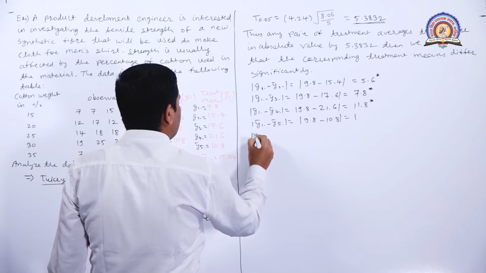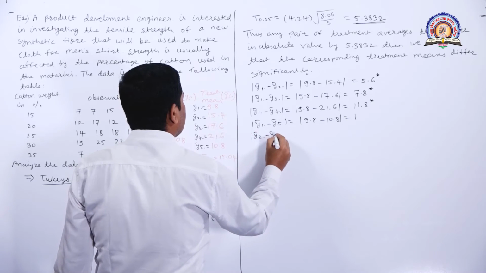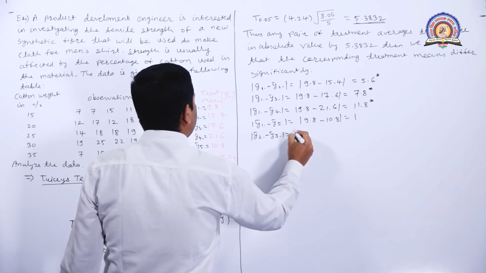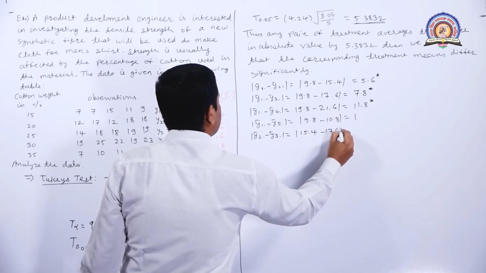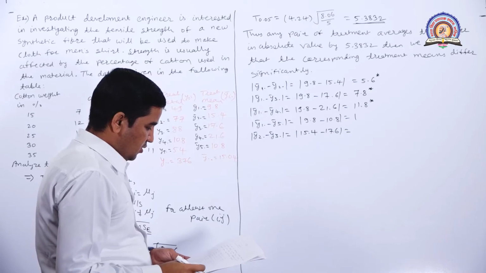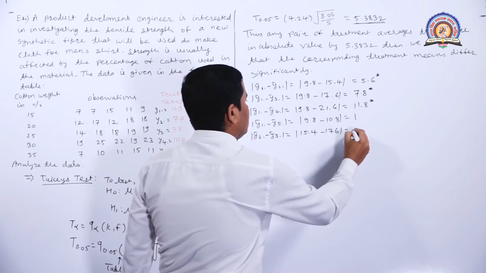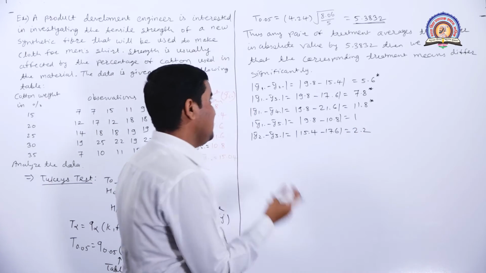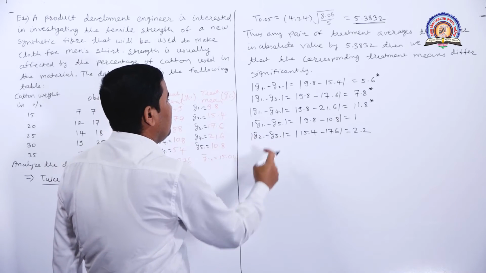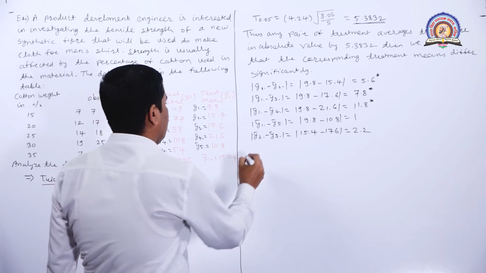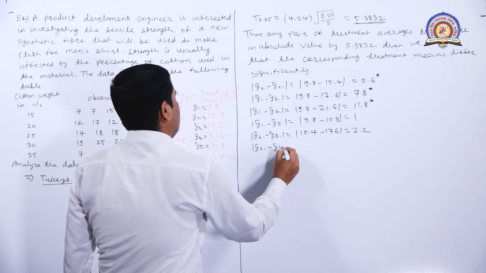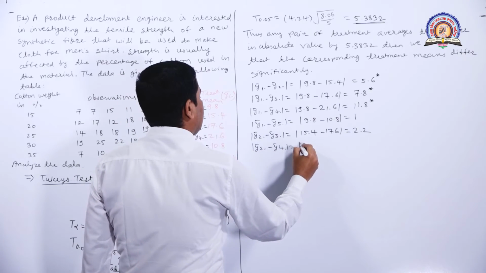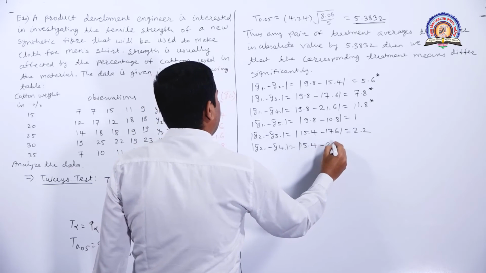Now start from y bar 2 dot minus y bar 3 dot. Y bar 2 dot is 15.4 minus 17.6. So this will become 2.2. So 2.2 is also less than this value, so the corresponding means are not significant. Y bar 2 dot, 2 versus 4. So this will become 15.4 minus 21.6.